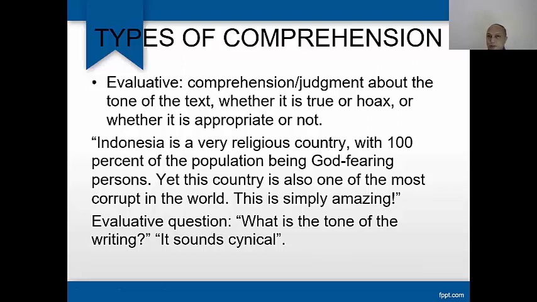When you reach the end of the text, you will feel that the tone is a bit cynical. It's a bit cynical because there is the word amazing here. The writer uses the word amazing for a fact which is actually disgusting, right?